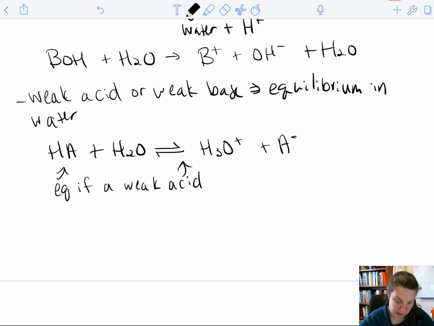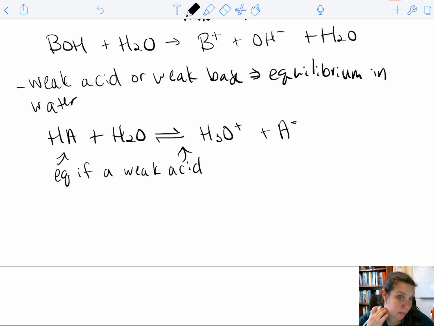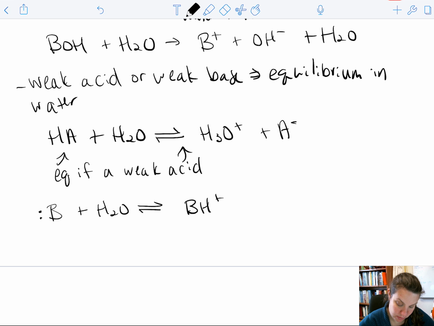Okay. Same thing if we have a weak base. So we'll have no OH in this case. Actually, usually we'll look something like this, and in water, we'll get that.